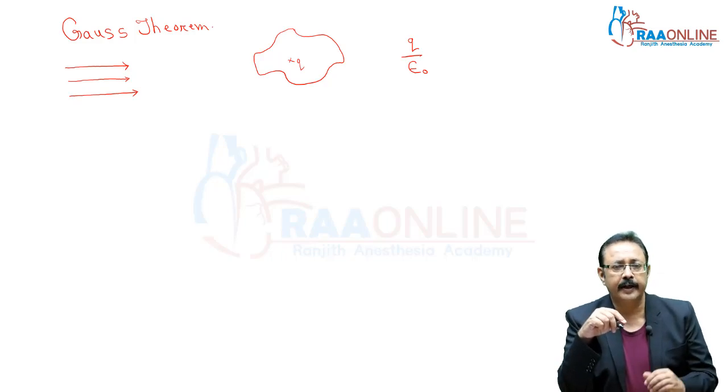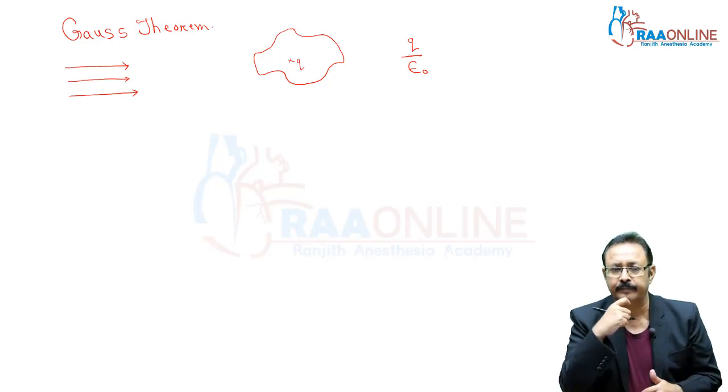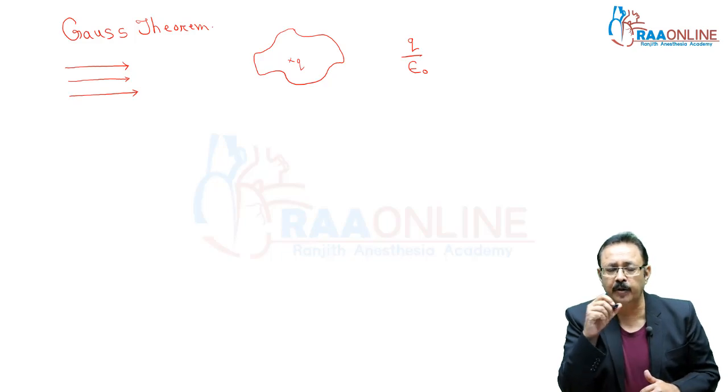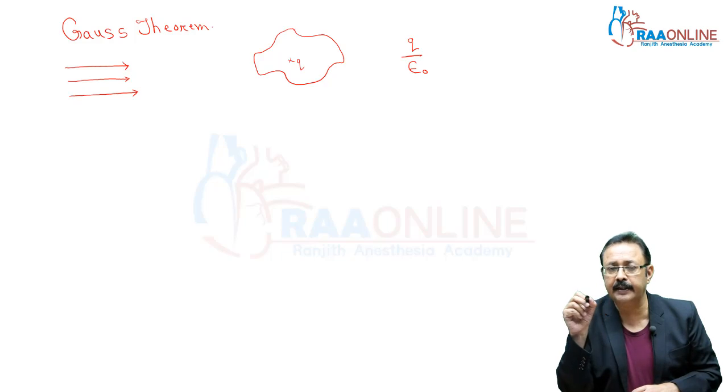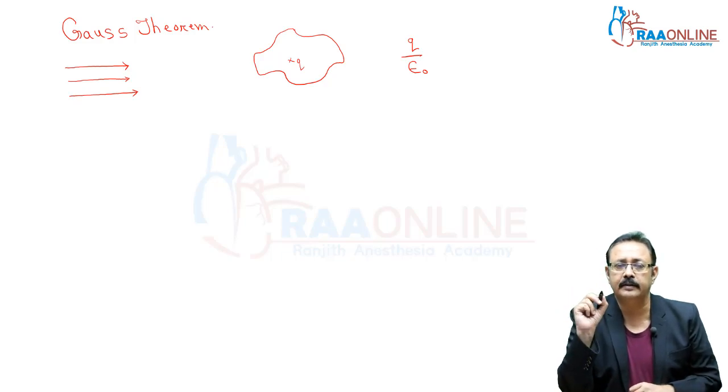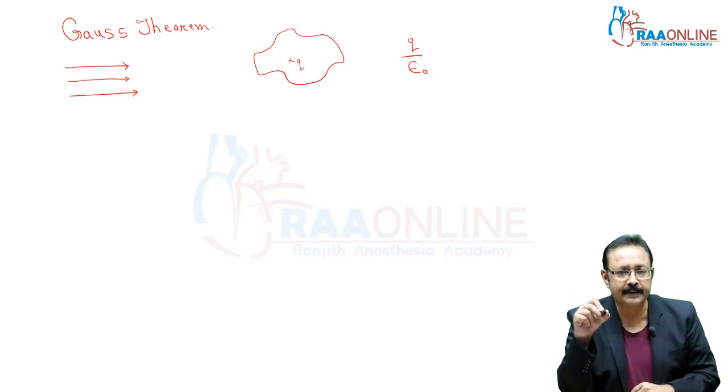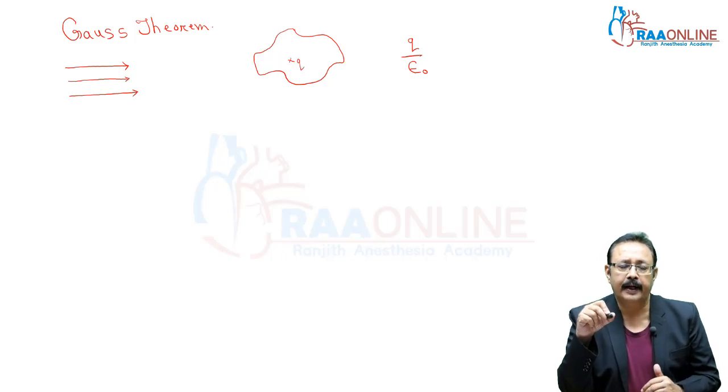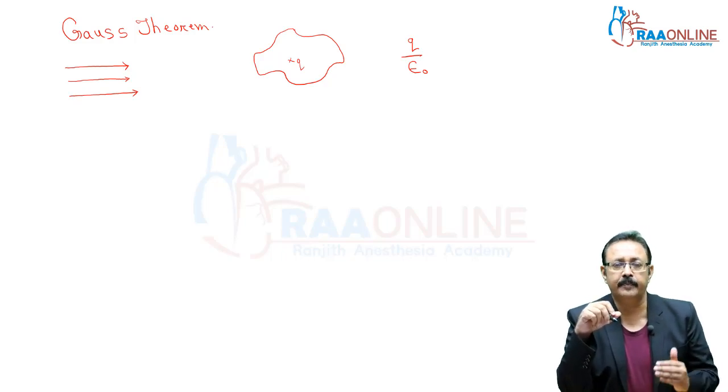If you put a unit positive charge, it will experience a force in the direction of the electric field. So the arrow of an electric line of force indicates the direction of the electric field. If these lines are parallel and equidistant, the electric field is uniform.